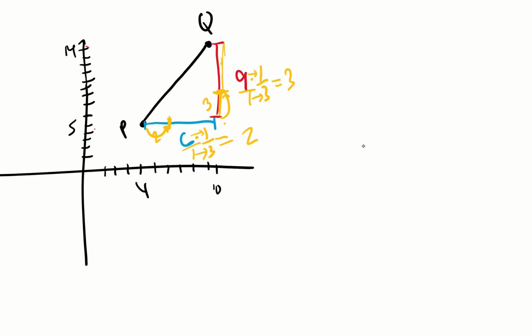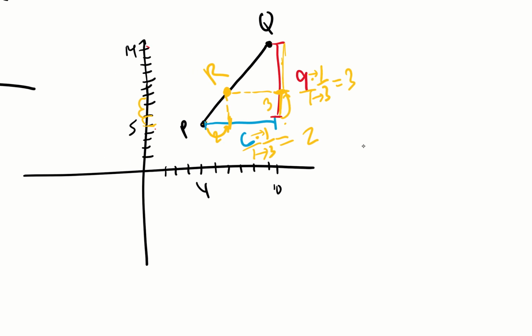So 2 units to the right, 1, 2, and then 3 units up, 1, 2, 3. That's going to be right around here, and that's where my R is going to be. Notice that's where I slice it here, that's where I slice it there, where they intersect. And this will lead me to have a 1:2 ratio.